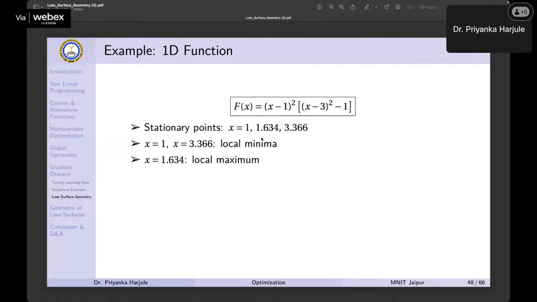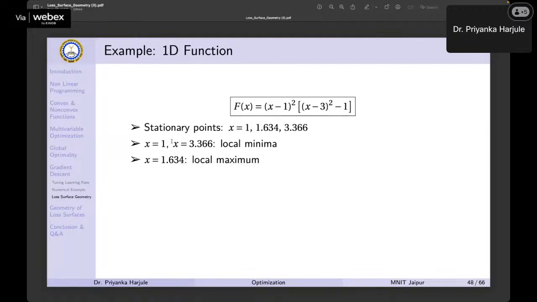From the second derivative, you will see that at the first and third roots, they are positive, whereas the second derivative at this point is negative.